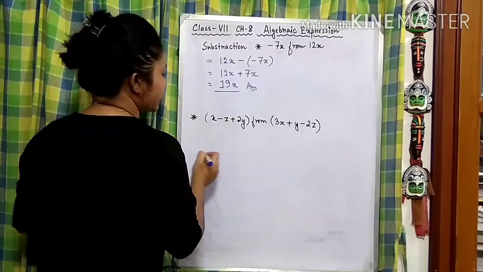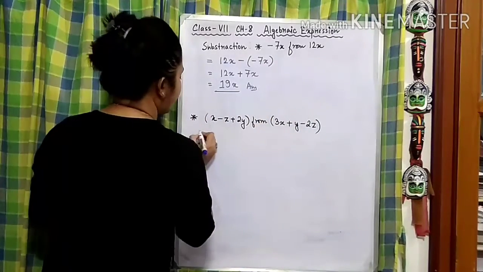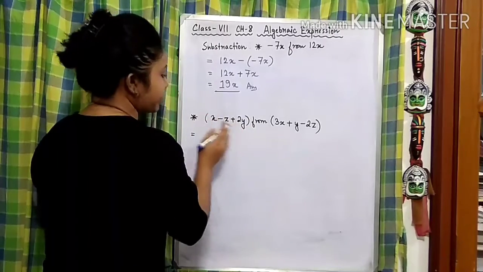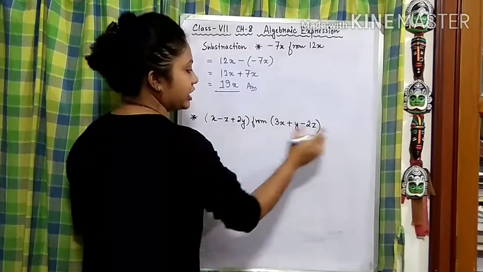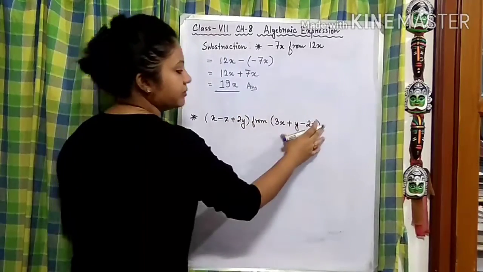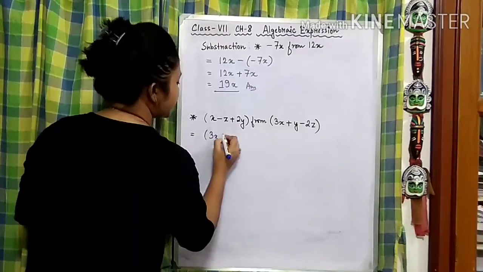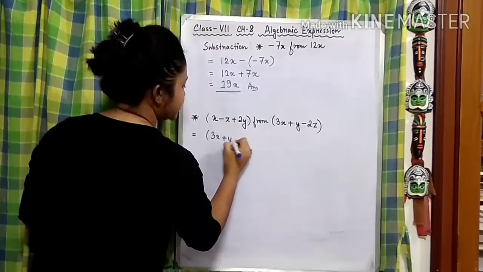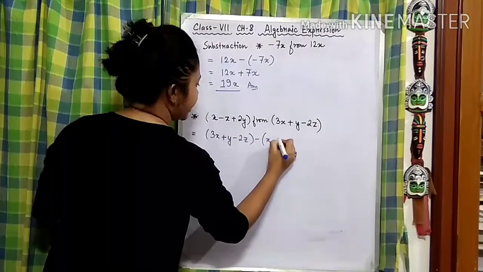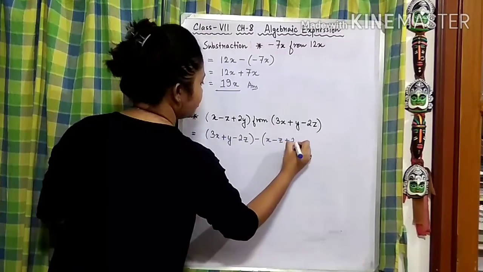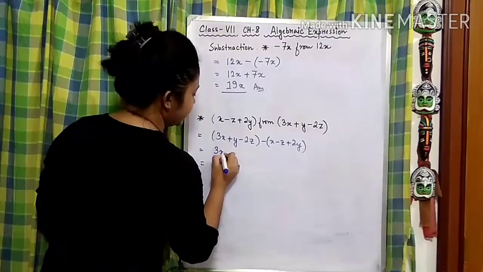Now coming to the second one, with bigger expressions. Subtract x minus z plus 2y from 3x plus y minus 2z. So first we write down 3x plus y minus 2z minus, x minus z plus 2y. Now we solve this.